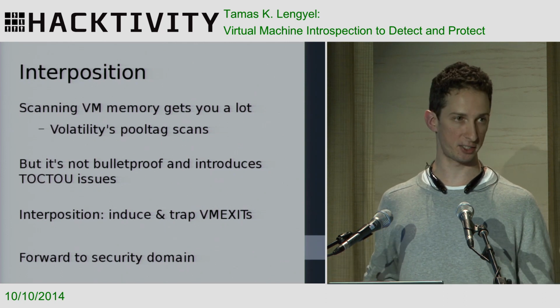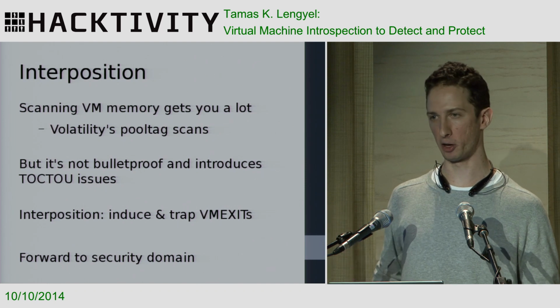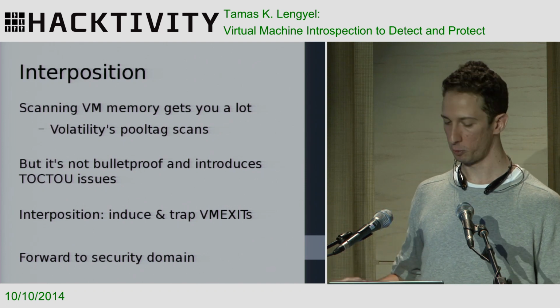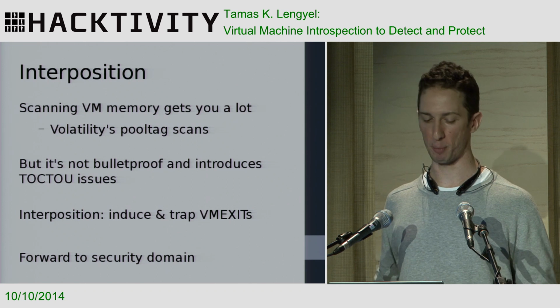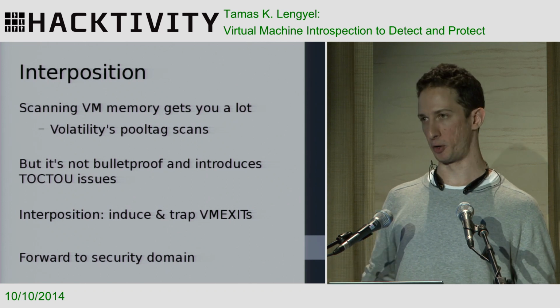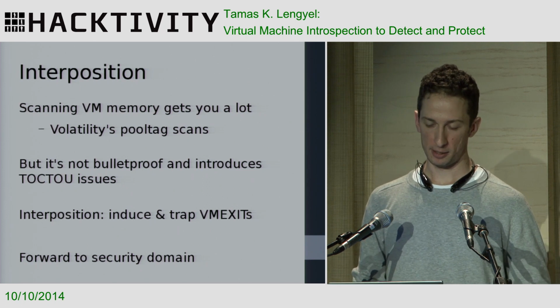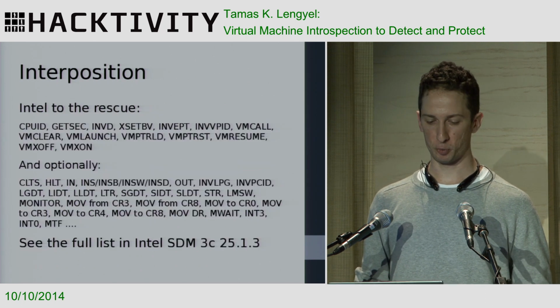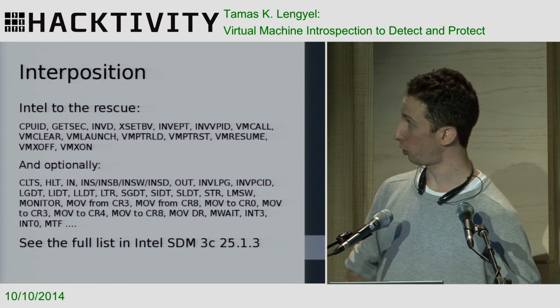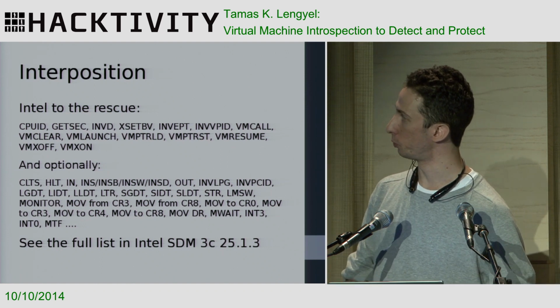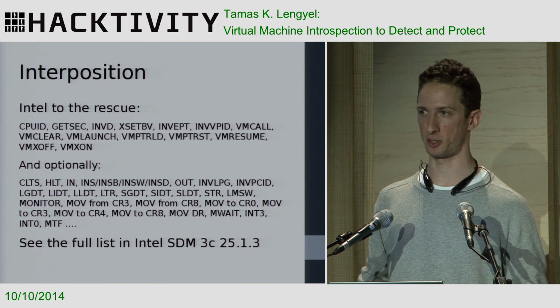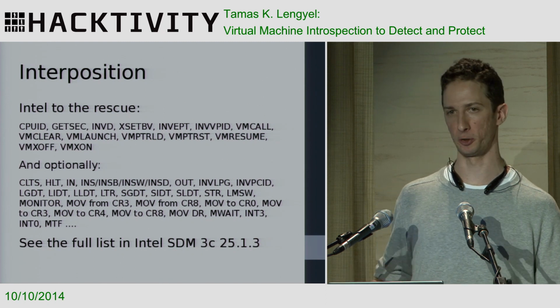You want to trap events that you say are critical, where you need to step in and inspect what is happening. So the hypervisor needs to forward those events to your security domain. And Xen, in that respect, is very nice because there are a lot of instructions that you can use to induce these traps, and Xen has the system to forward those to your security system.